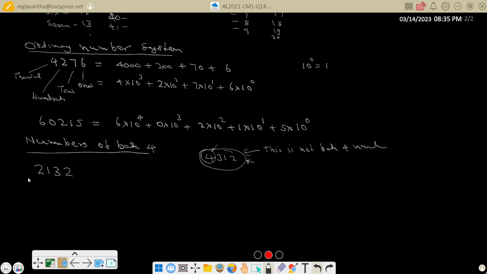But for these numbers, you know only 0, 1, 2 and 3 can be included in a base 4 number, right?